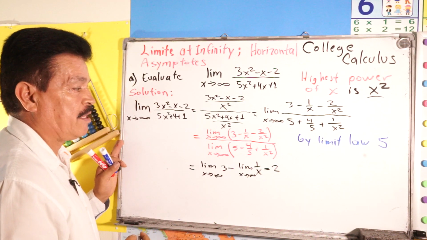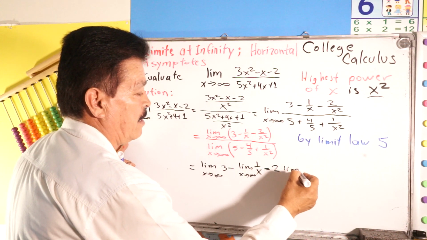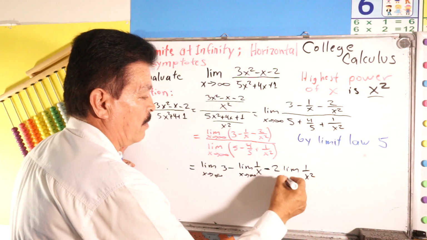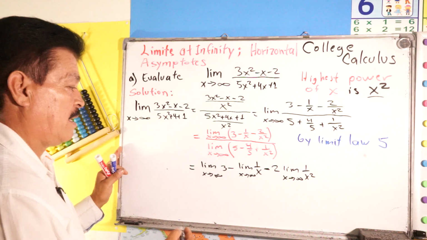Remember the limit law: minus 2 times the limit of 1/x² when x approaches infinity. That's the numerator.